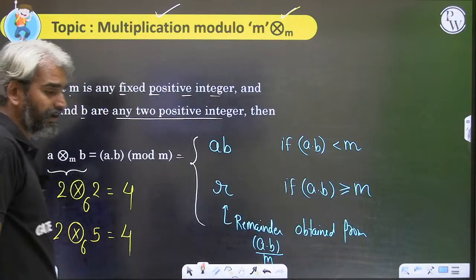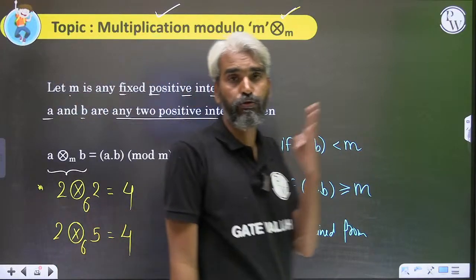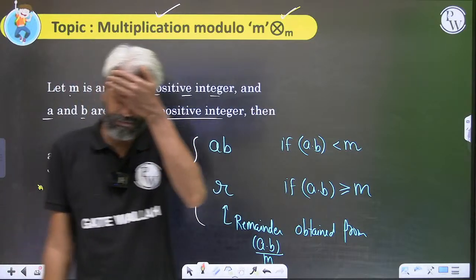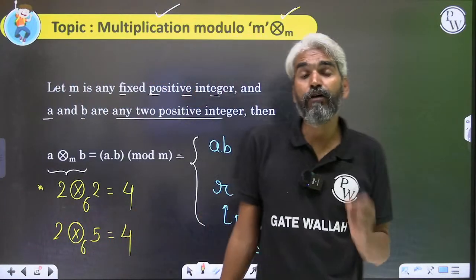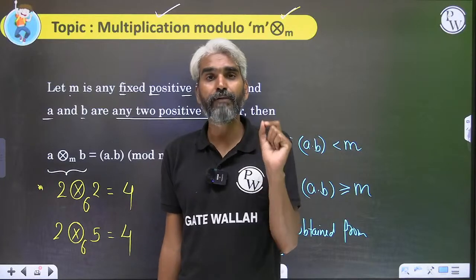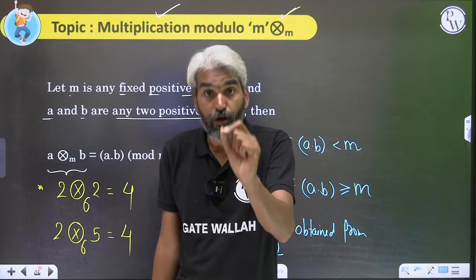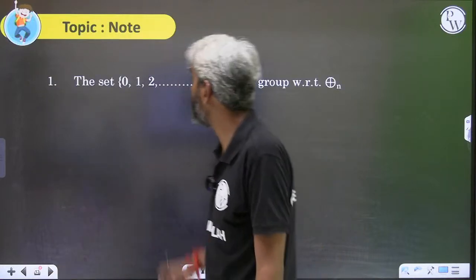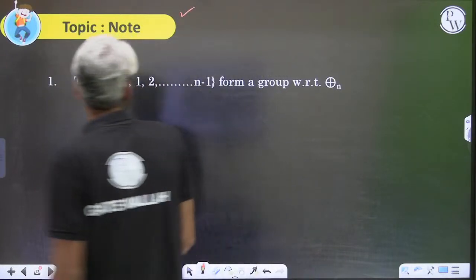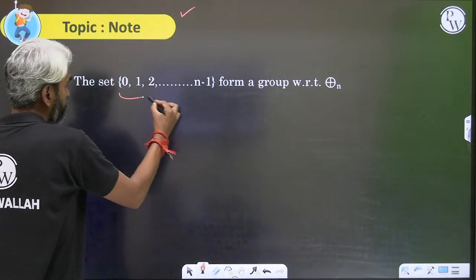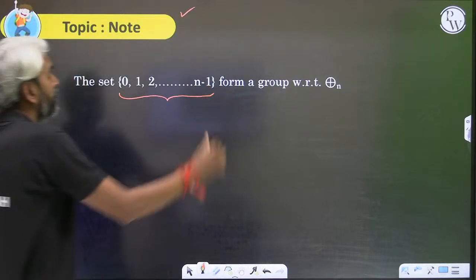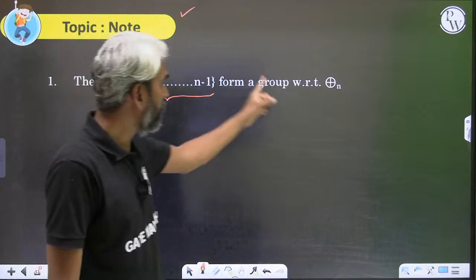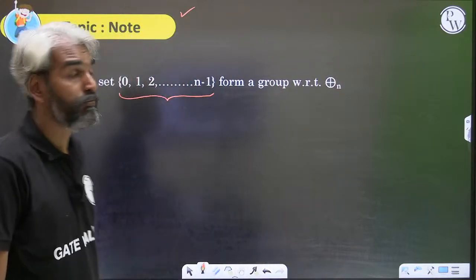If I take the set of all integers from 0 to n minus 1, then it will always form a group with respect to addition modulo n. So that's your first note: the set containing elements from 0 to n minus 1 forms a group with respect to addition modulo n.